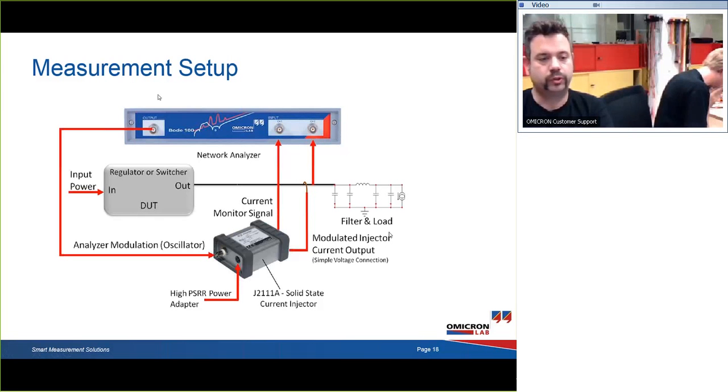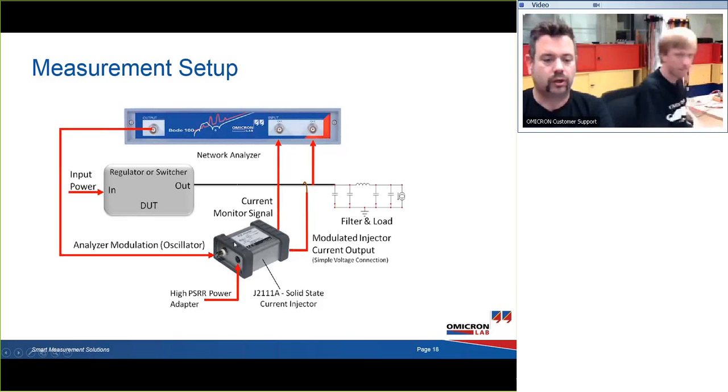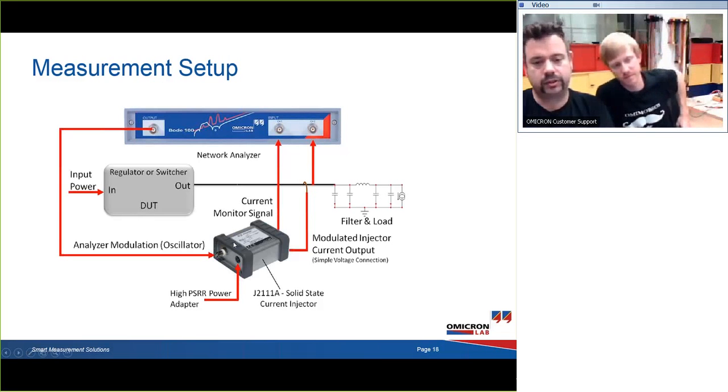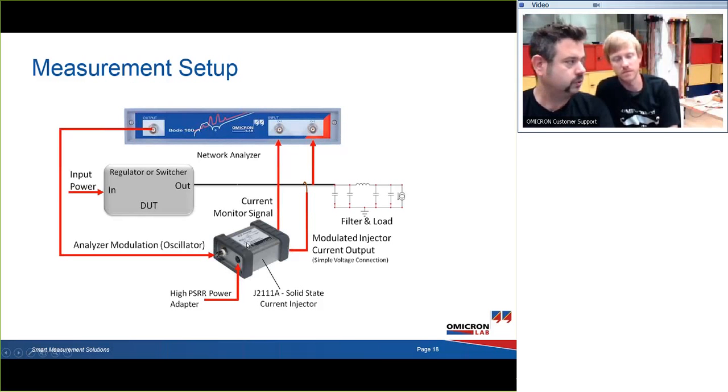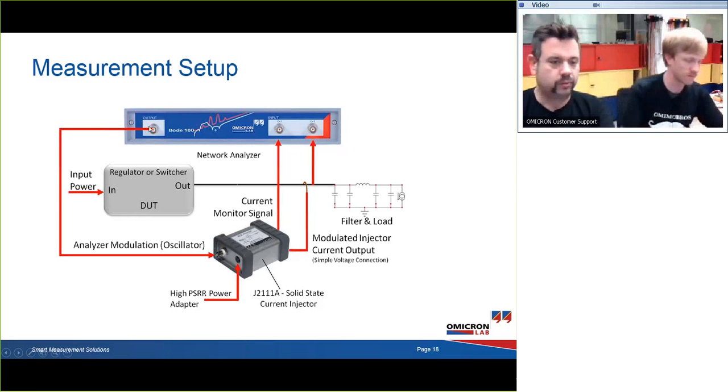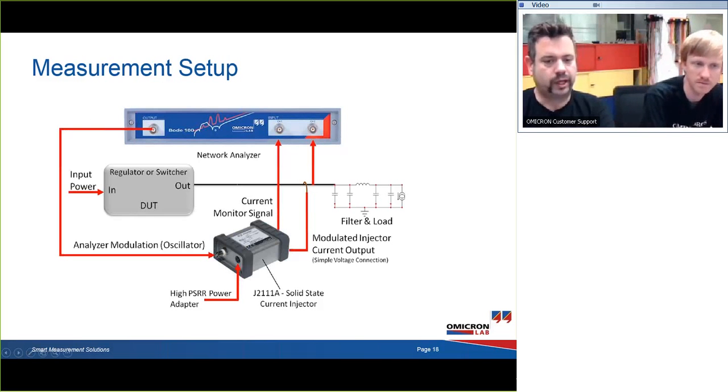And now what we do is we connect the output of the Bode 100 to the oscillation input of the Picotest signal injector, and now we connect the output of the Picotest signal injector to the output of our switcher. And now the signal injector starts to pull 24 milliamps, and by modulating the output of the Bode 100, we modulate this current.